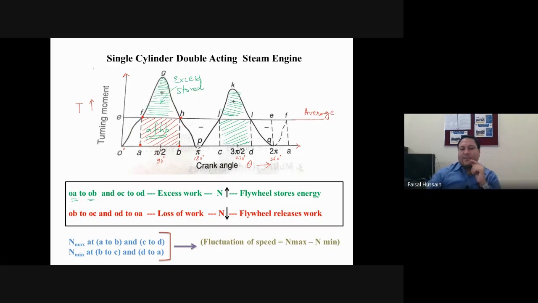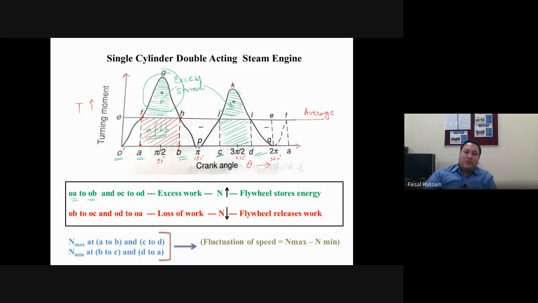So I can say, I am summarizing this, that during position OA to OB and position OC to OD, flywheel stored excess energy, and this is the excess energy stored by the flywheel. Excess energy means the speed is increased, and flywheel stores the energy.